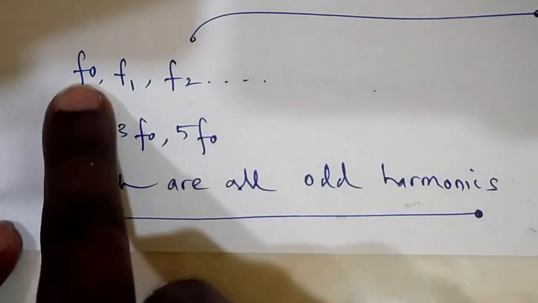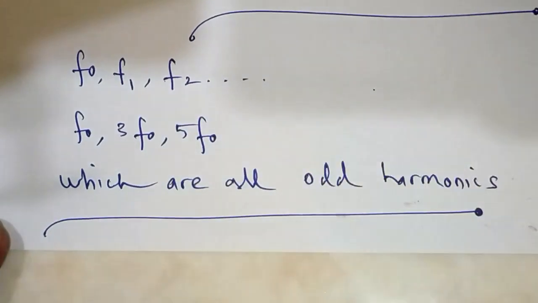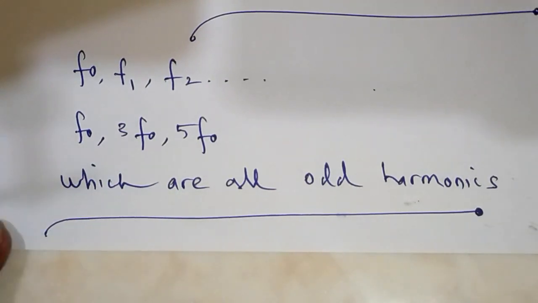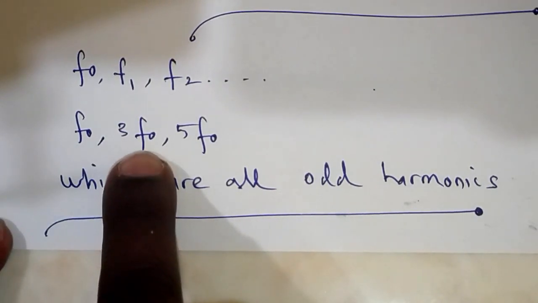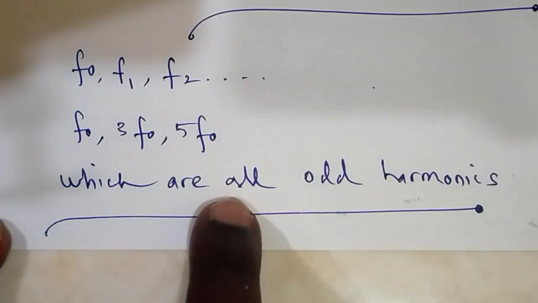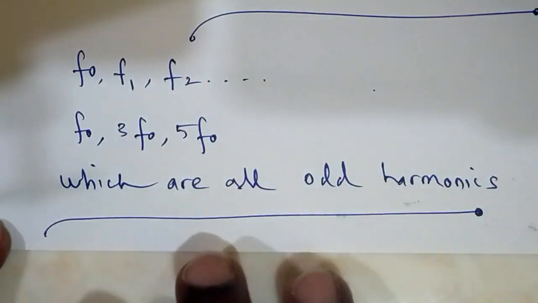You can write F0, F1, F2 continuously in mathematical terms, and also in terms of F0, which is F0, 3F0, 5F0 and so on, which are all odd harmonics. Simple like a bubble without giving you any trouble.